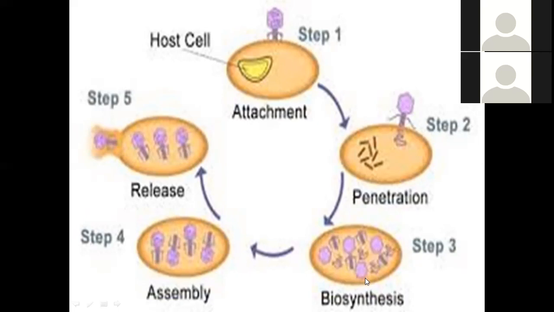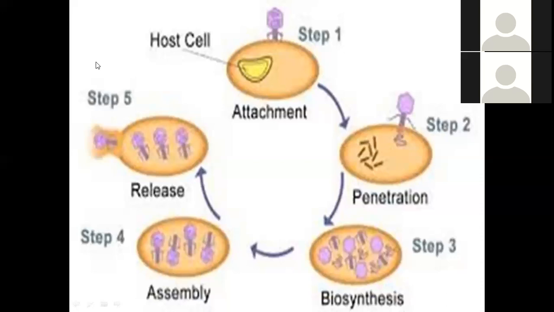So I thought I'd put in this slide just to show you how a virus works. You can consider whatever virus you want to consider, but viruses generally come to a host cell. They first attach, and that's why we've been trying to protect by washing hands and using disinfectant and wearing masks. And then they will penetrate the cell, and then they get inside the cell, steal as much as they can from the cell to build new viruses, which are then assembled, and then they are released out.